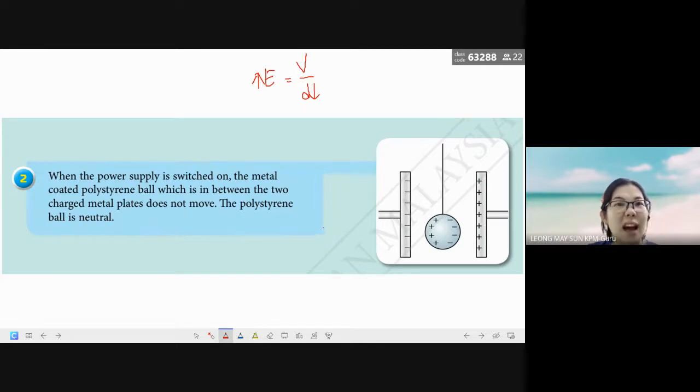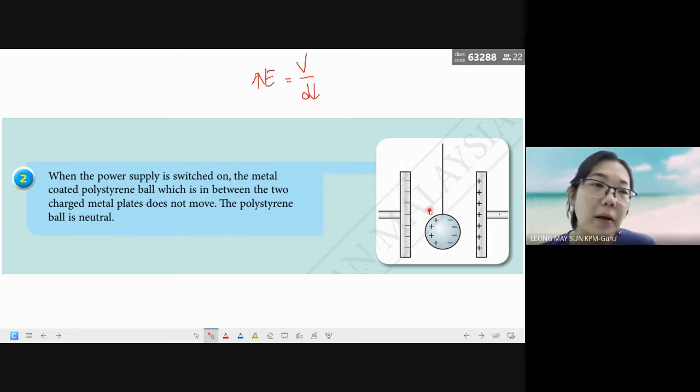In the ideal situation, when the power supply is on and the metal-coated polystyrene ball is placed exactly in between, not slightly towards positive or slightly towards negative, the polystyrene ball will not move.